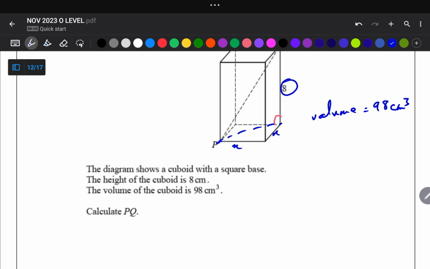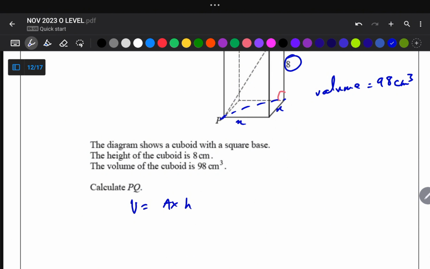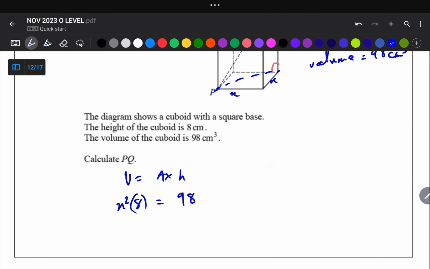Okay, so we can start by finding the area of the base from the volume of the cuboid. So volume is equal to area multiplied by height. So our height is 8. So in this case, our area is x squared because it is a square. So it is now x squared multiplied by 8 is equal to 98. So x squared is equal to 98 divided by 8.